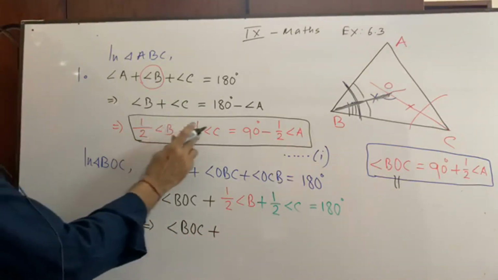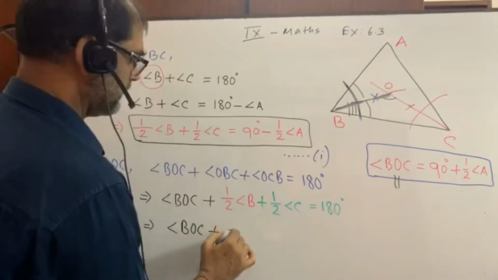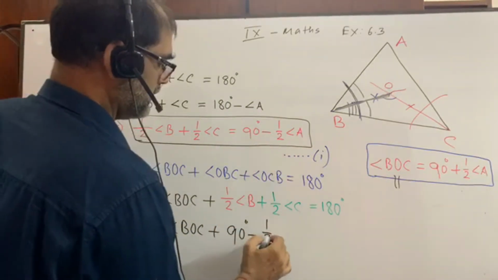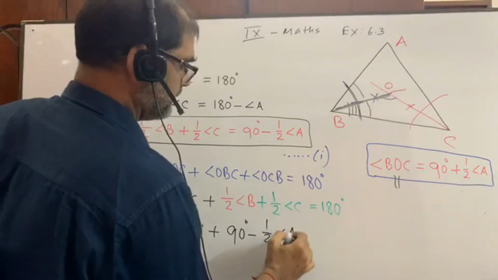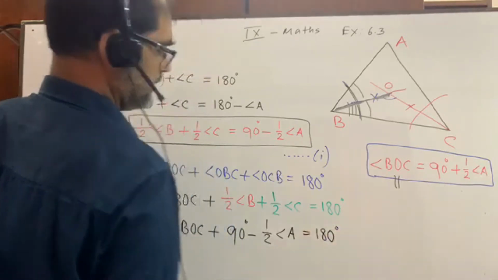Half of angle B plus half of angle C is equal to 90 degrees minus half of angle A. Have you got it?